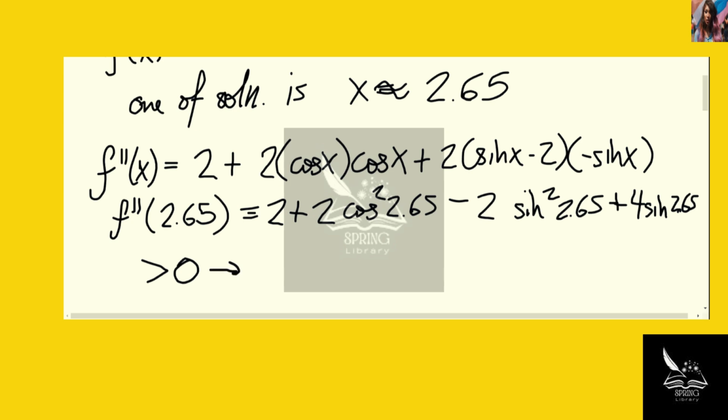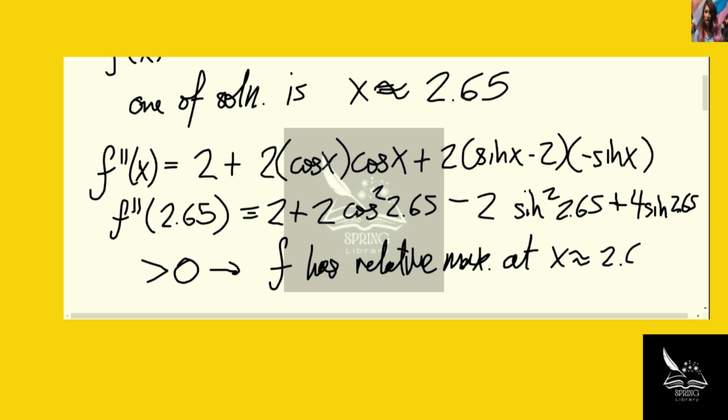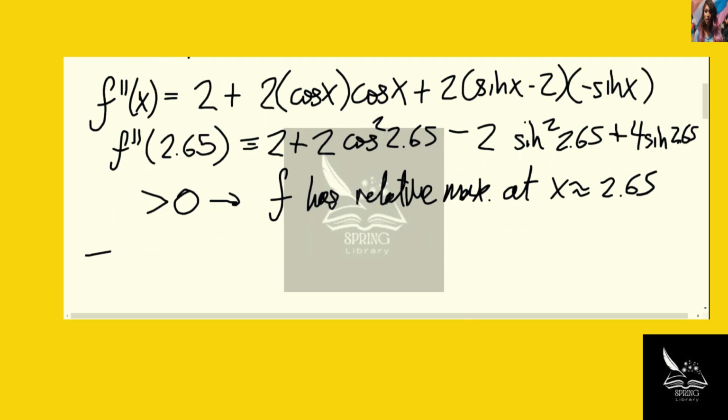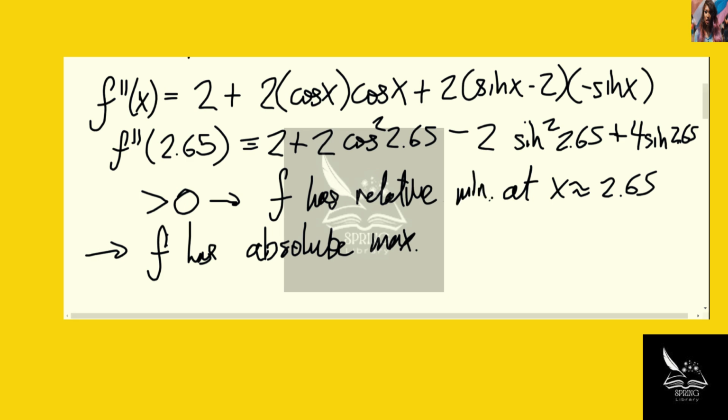So we find by the second derivative test that our function f has a relative maximum value at x approximately 2.65, and if we compare to other x's that were answers to f prime of x equals 0, we see that f has, in fact, an absolute, I'm sorry, not max, I mean relative minimum, because the second derivative is greater than 0.